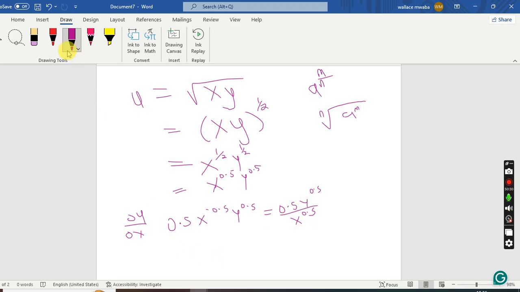Then with respect to y, that's 0.5 x to the power 0.5 y to the power negative 0.5, which is 0.5 x to the power 0.5 over y to the power 0.5.